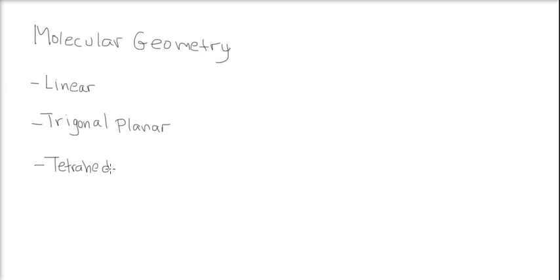So in organic chemistry, unlike general chemistry, we're only going to deal with a handful of molecular geometries, and these are going to be linear, trigonal planar, tetrahedral, and the subcategories of a tetrahedral, which fall under the more general tetrahedral geometry still, which are trigonal pyramidal and bent.